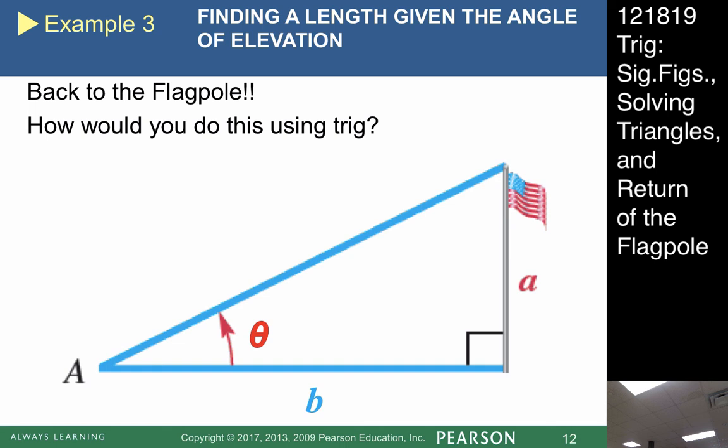So you could do like the sine of 30. I'll be back in 2 minutes. What involves the b in relation to big A?